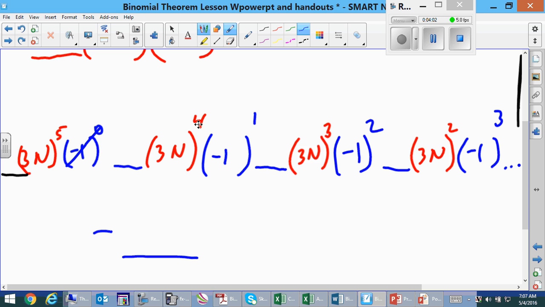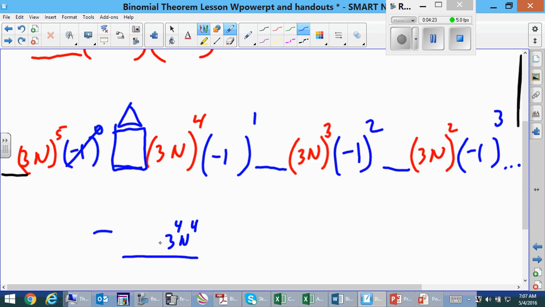And we're going to have the 81, 3 to the 4th, n to the 4th. And our -1 to the power of 1 gives us a -1 that's implied here. We still have to have room for the coefficient from Pascal's triangle.